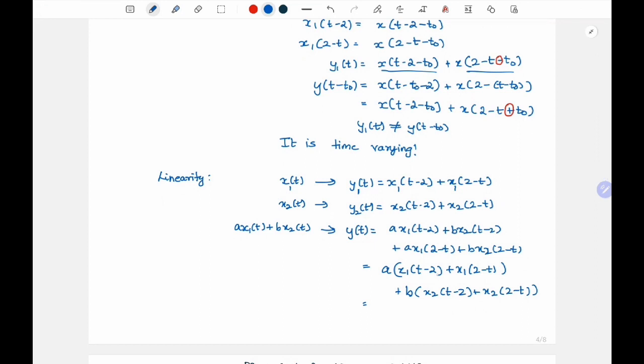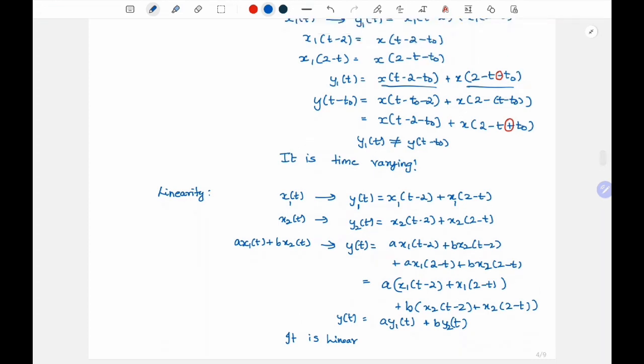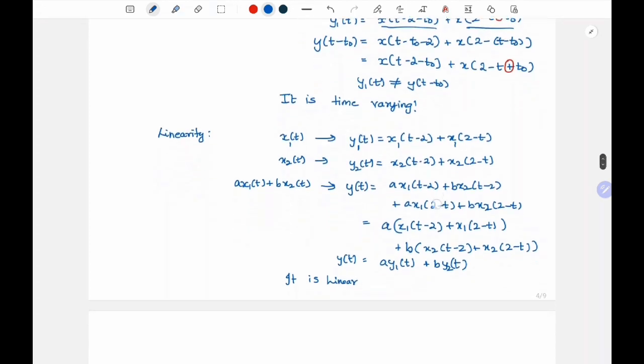But these individual signals are nothing but y1 of t and y2 of t. This is a y1 of t plus b y2 of t. So since y of t is equal to this, we say the system is linear. Okay, let me open another page. Okay, so it is linear.